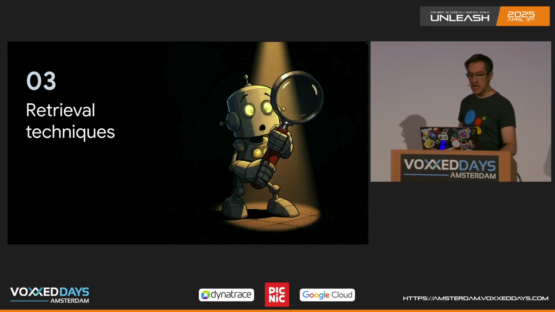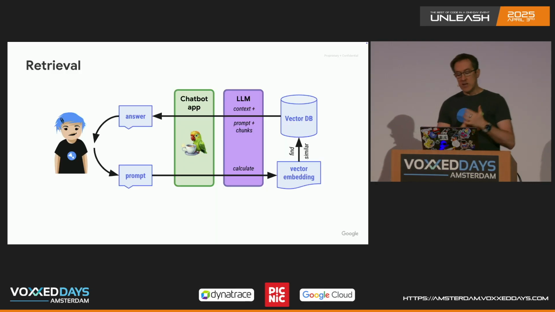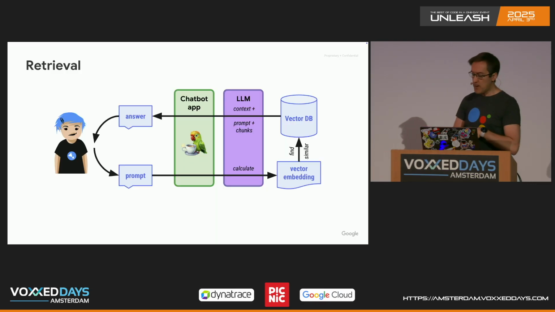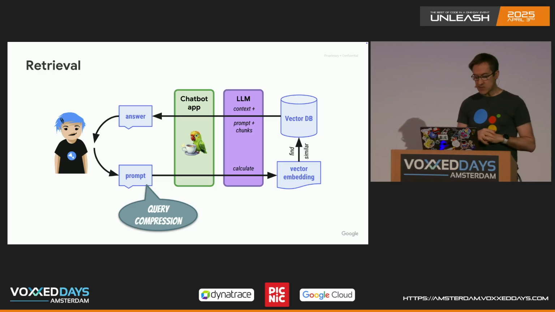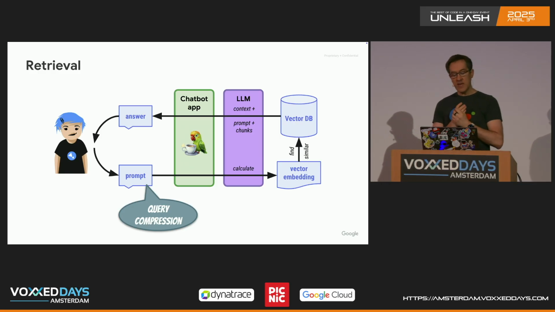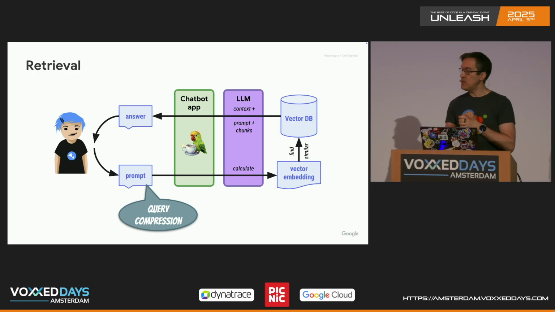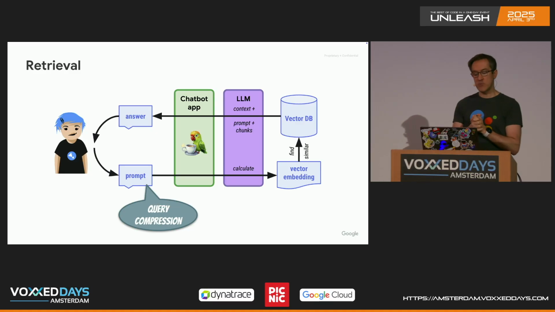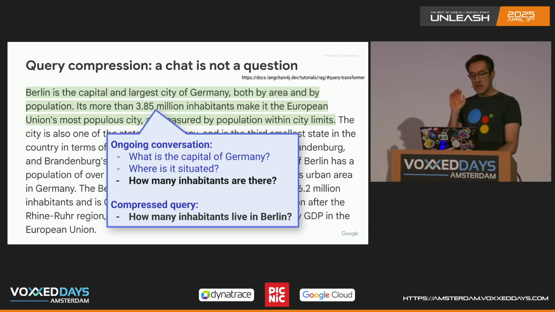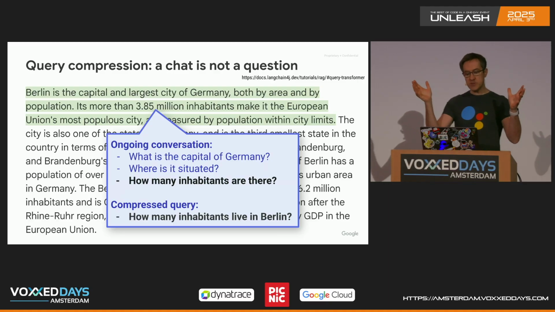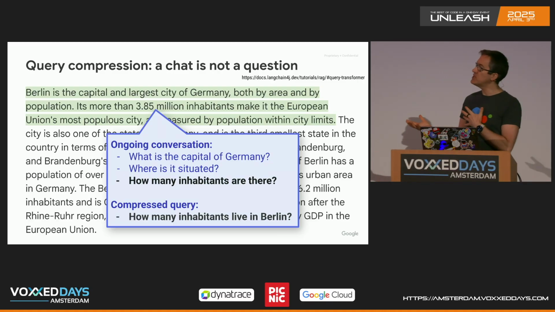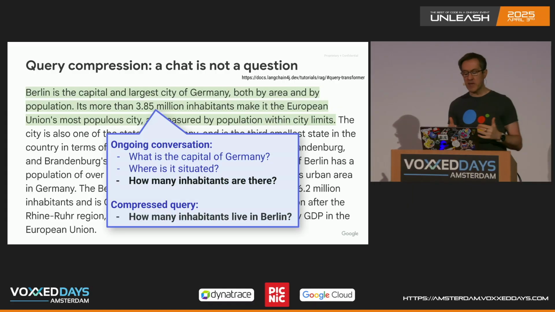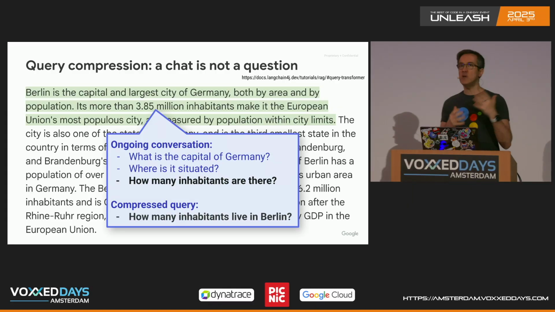Okay, so now let's look at retrieval techniques. That was the bottom of my diagram, where the user asks questions. One thing that is important here is query compression, especially for chatbot kinds of use cases. I've got this document, but maybe the conversation in the chatbot will be something like, hey, what's the capital of Germany? Where is it situated?